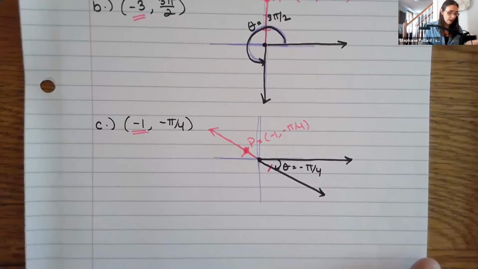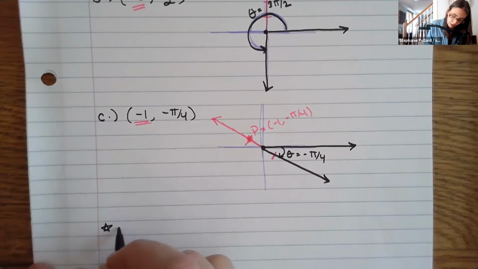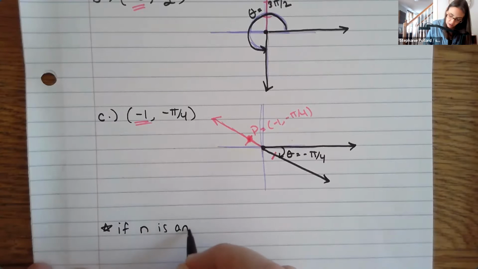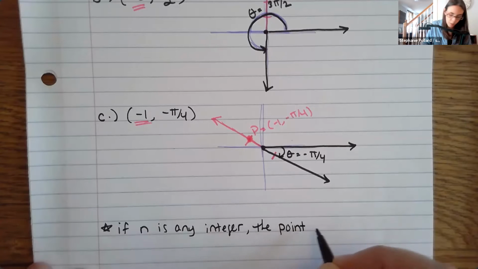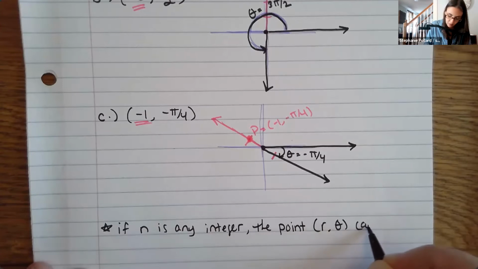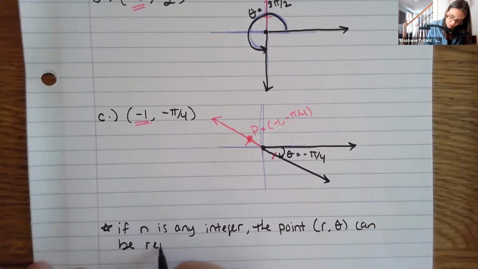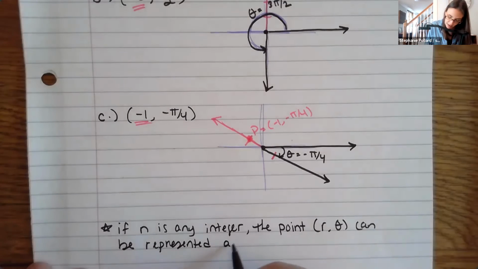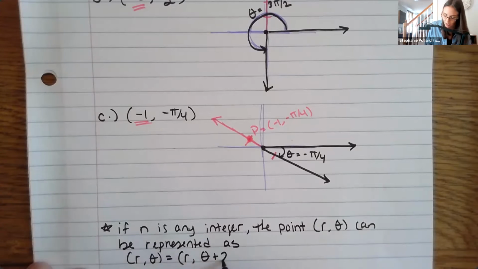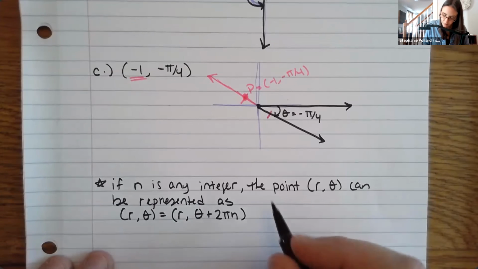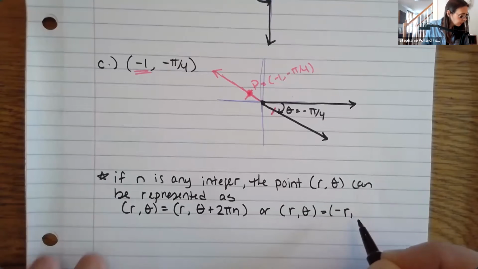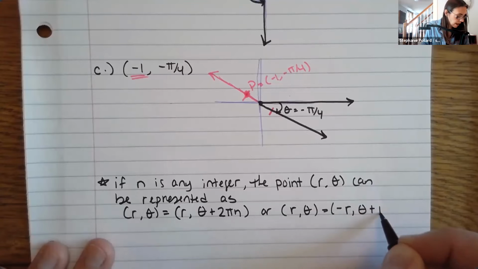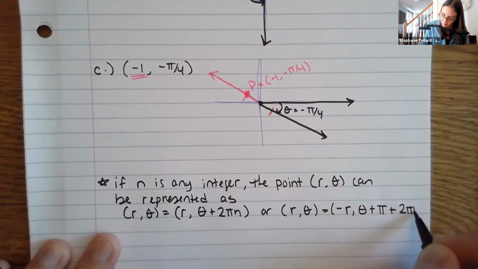So let me make a note here. If n is any integer, the point (r, θ) can be represented as (r, θ + 2πn), or even (−r, θ + π + 2πn) as well.